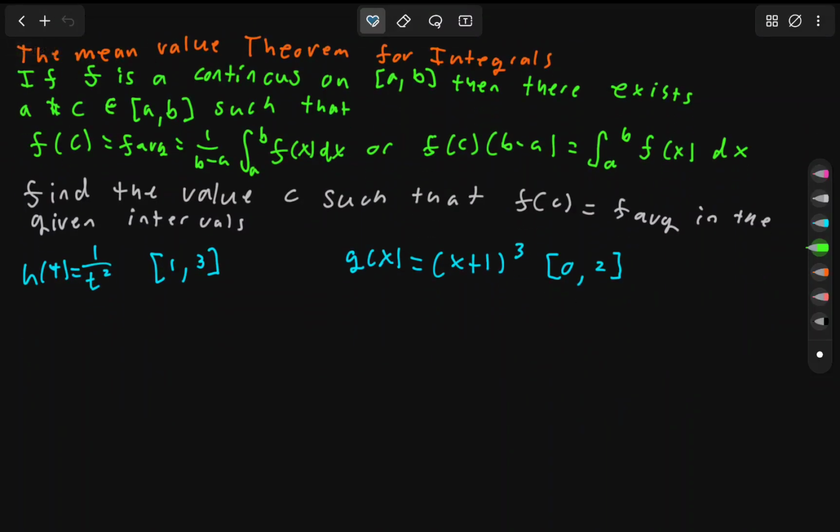The mean value theorem for integrals. So, there's a mean value theorem for a derivative, but there's also one, interestingly enough, for an integral.